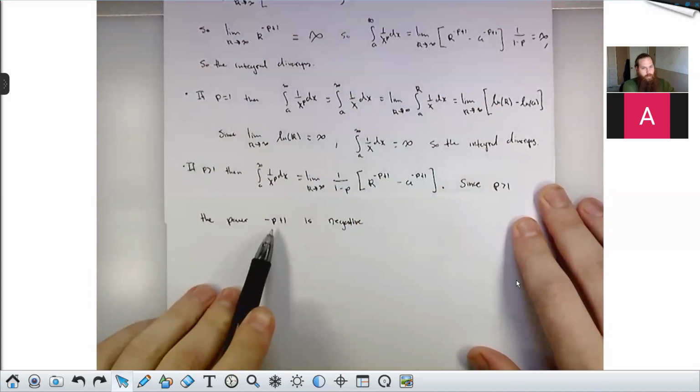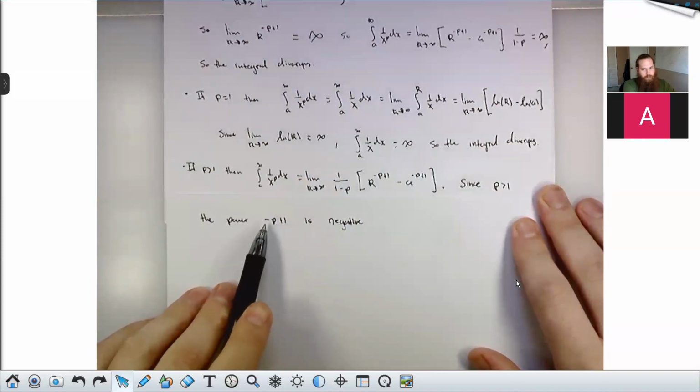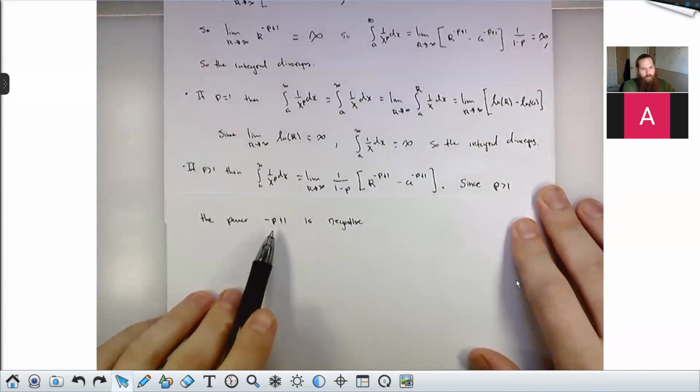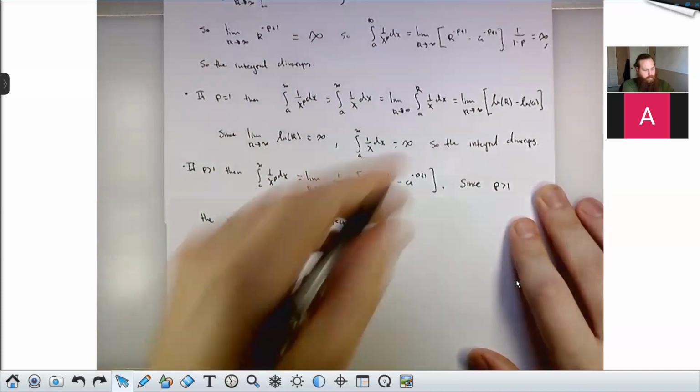If p is bigger than 1, then negative p plus 1 is negative because the p part is bigger than the 1 part, and so it's negative. Like negative 2 plus 1, negative 3 plus 1, negative 3 halves plus 1, negative 10 plus 1, all of those are negative.